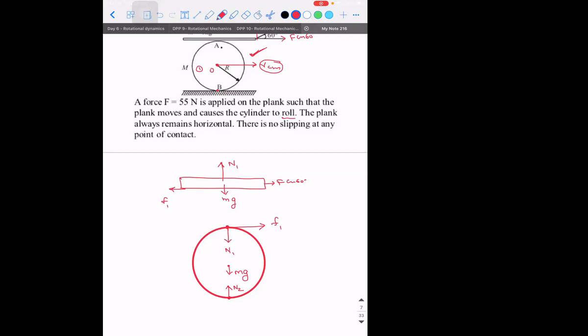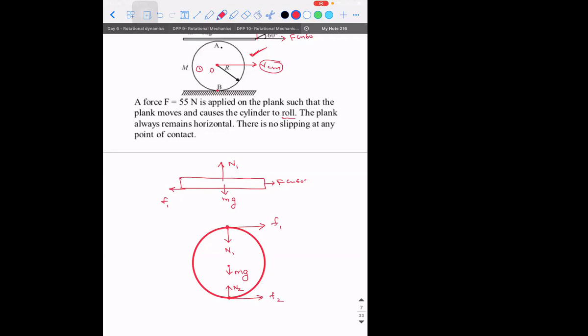Leftward direction. But what will be the force exerted by the cylinder on the floor? To be in the right direction. Clear?